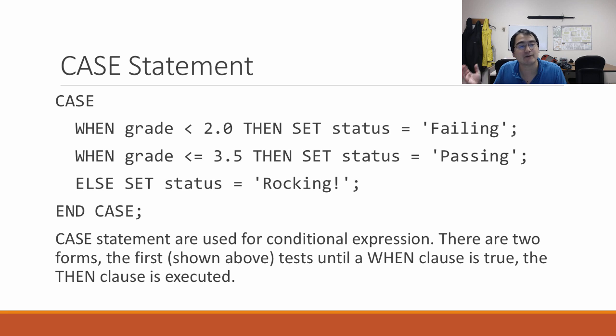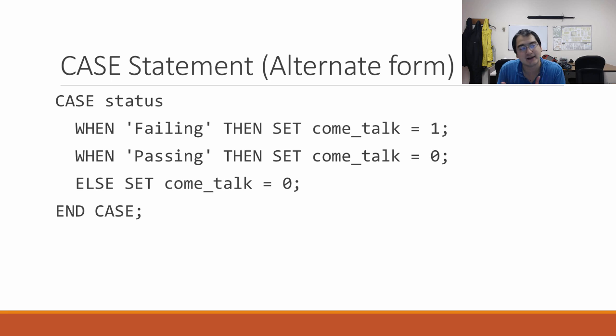The other form of a case statement is this. You say case and then a particular variable, and then you say when failing. Now, what does that mean? It says when status equals failing, then you set come talk to equal to 1. When status is equal to passing, then set come talk equal to 0, else set come talk equal to 0.